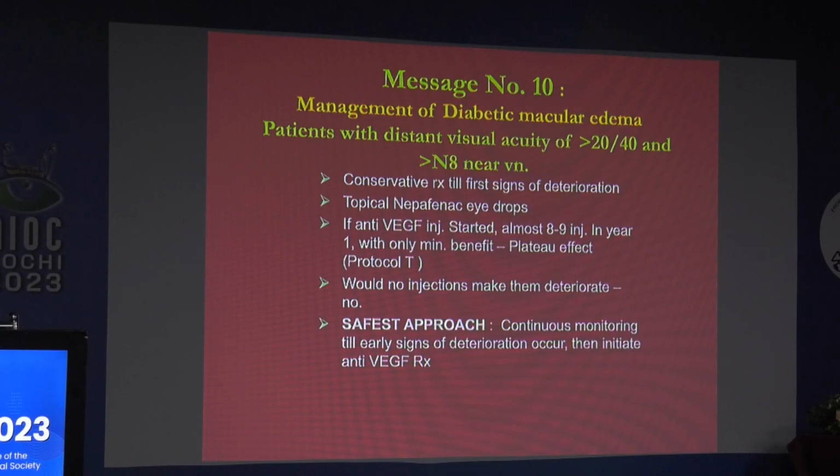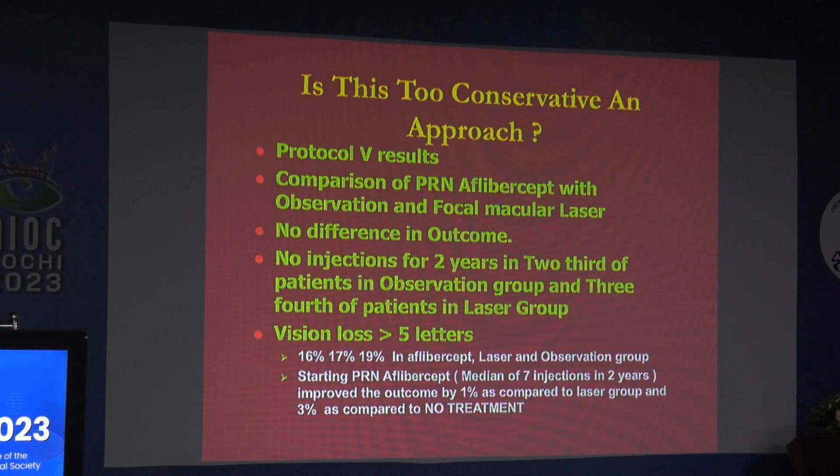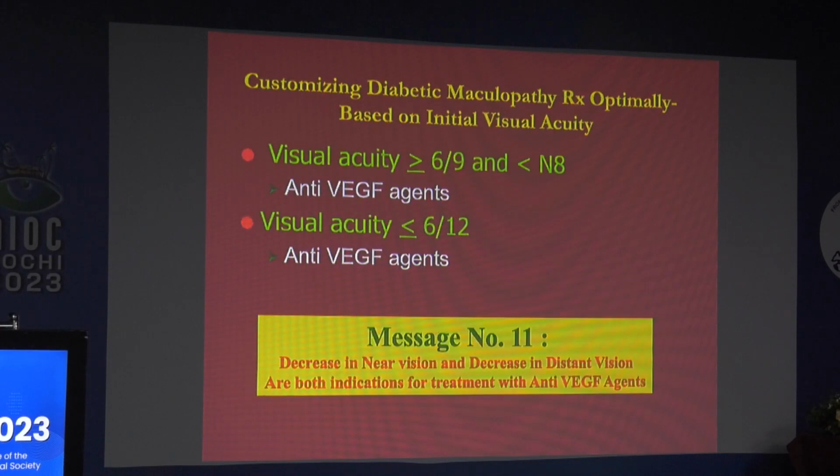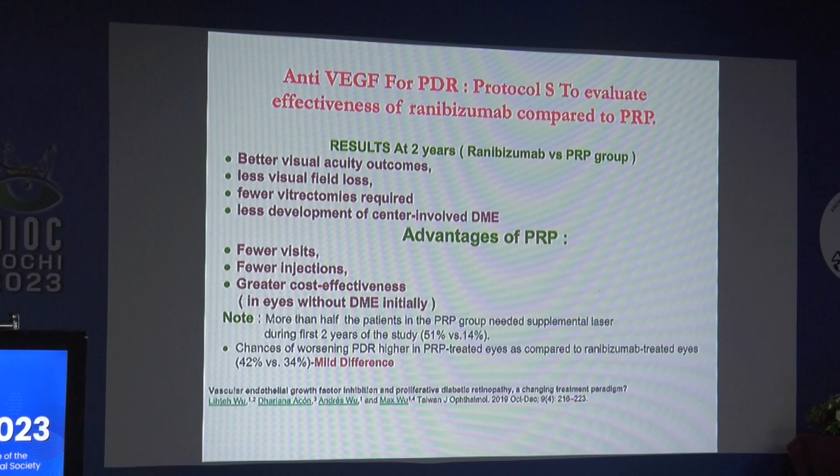It is also possible that you can monitor these patients, and if they are deteriorating, then you can initiate anti-VEGF injections, which has again been shown by Protocol V. A decrease of near vision or a decrease in distance vision, both are indicators for anti-VEGF injections.